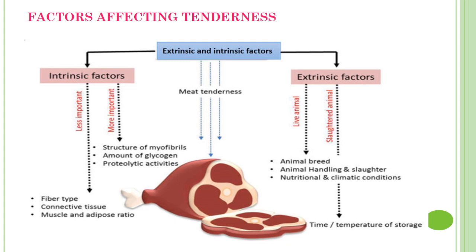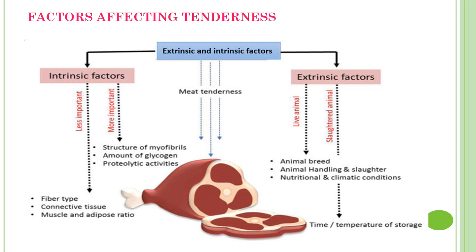Now we will see the factors affecting tenderness. They can be in two categories, intrinsic factors and extrinsic factors, or sometimes we can say pre-slaughter factors and post-slaughter factors, which I am coming to later. In the intrinsic factors, there are some less important ones like fiber type, connective tissue, and muscle and adipose ratio, and the more important ones are structure of myofibril, amount of glycogen and proteolytic activities.